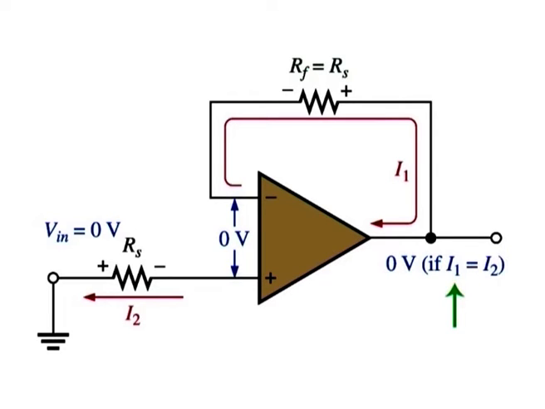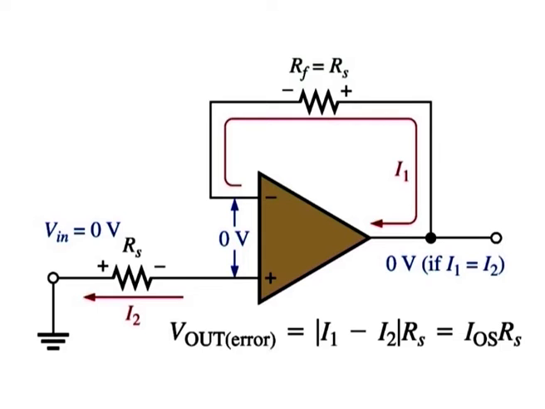If I1 is equal to I2, then the output voltage is 0. Usually, I1 does not quite equal I2, but even in this case, the output error voltage is reduced because IOS is less than I2. Therefore, Vout error is equal to (I1 minus I2) into Rs and is equal to IOS into Rs, where IOS is the input offset current.